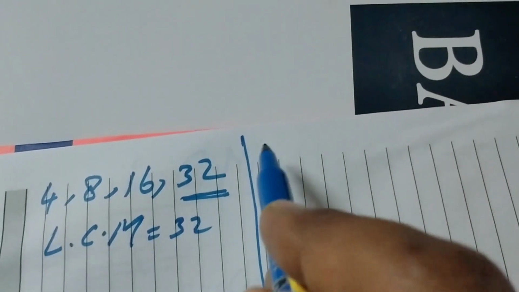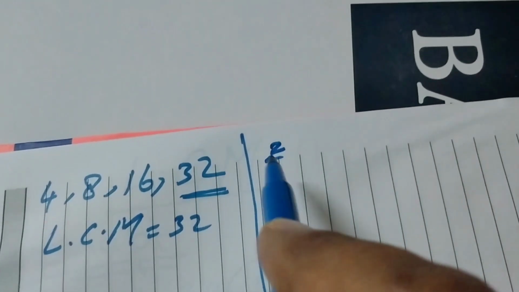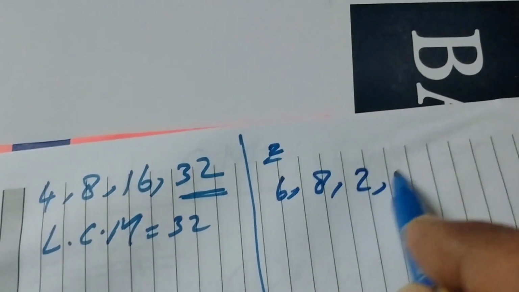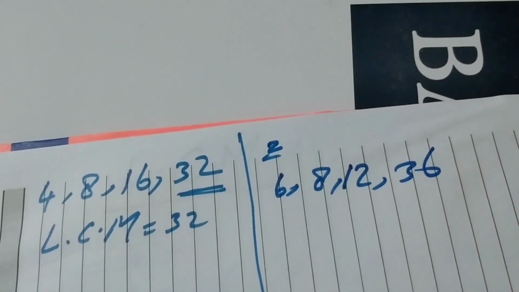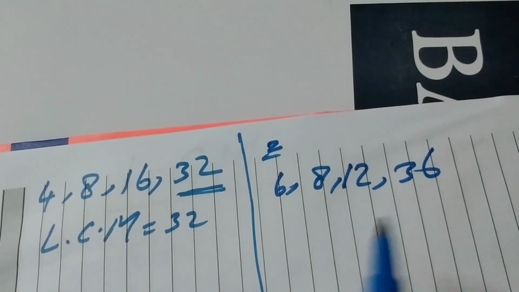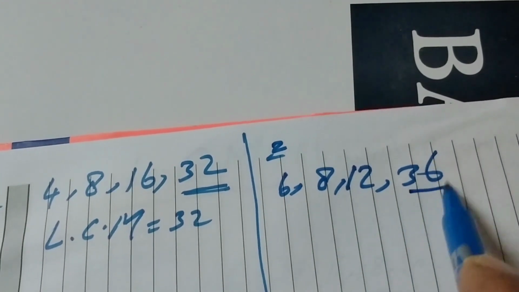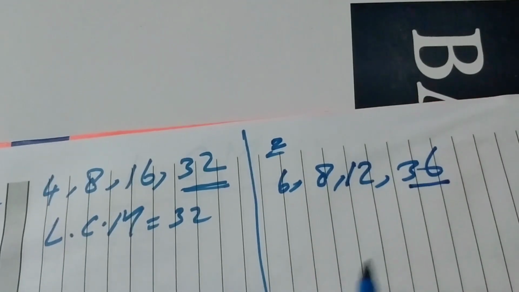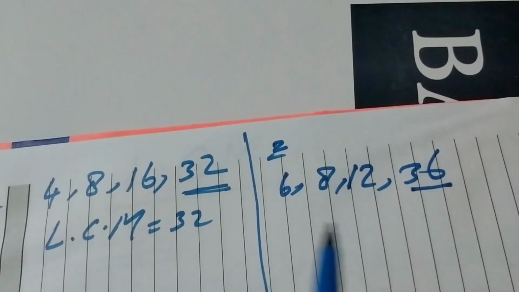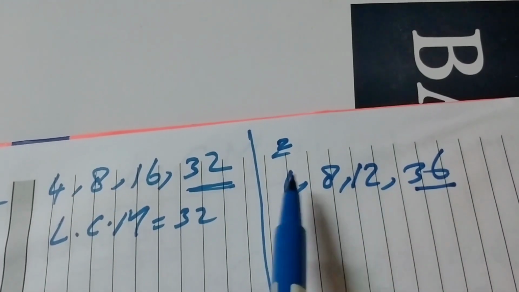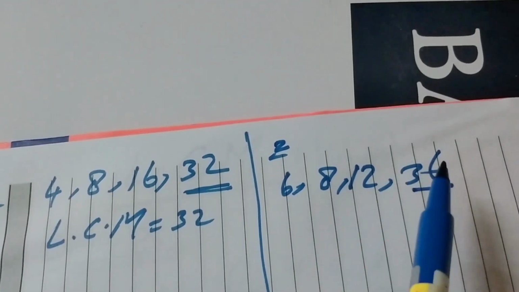I'm going to write the numbers 6, 8, 12 and 36. Clear, my dear? Which is the biggest number? That is 36. So first, the same technique, we will check here. If all numbers divide 36, then 36 is the LCM.